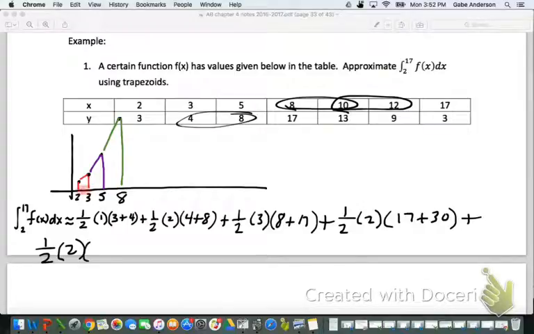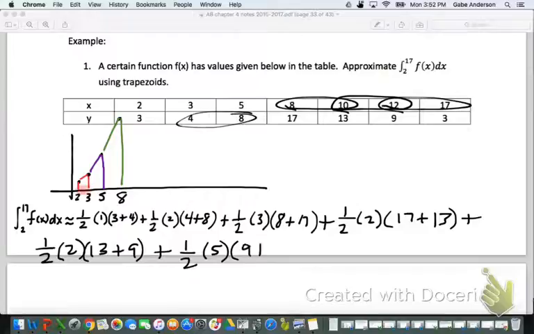Then we've got, that should be, oh goodness, that should be 17 plus 13. I think I mentally added those. There we go. So it'd be 13 plus 9 for this one. And then finally, I'm going to do the trapezoid going from 12 to 17, so it'd be 1/2 times 5 times 9 plus 3.